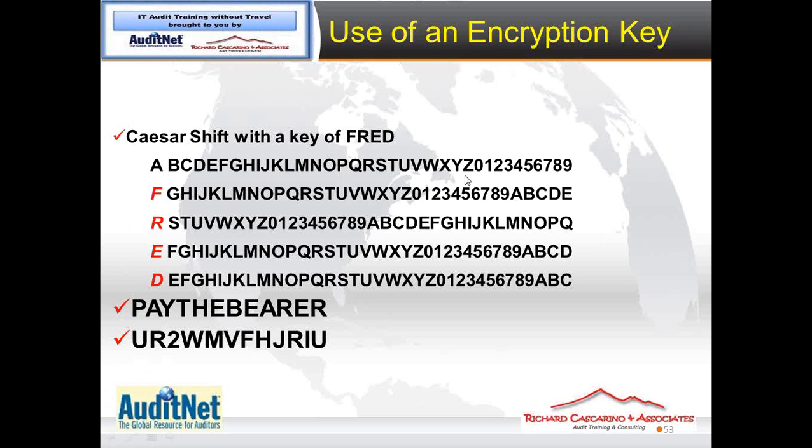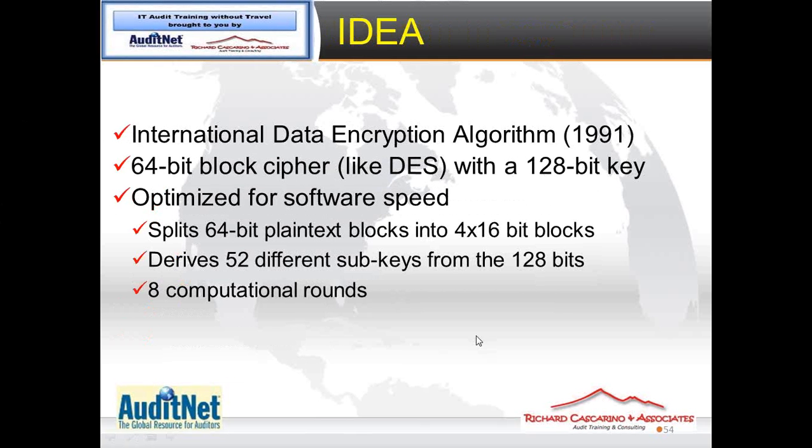So I'll look my Y up on the third line, and it'll come out as a 2. The next one is a T. This is the fourth one. I'll go along. There's my T. Look it up in the fourth line, and it's going to come out as a W. Then comes an H. Now I've got a short key, so I'll go back to the start. There's my H. Look it up on the first line, and it's going to come out as an M. And so on and so forth.